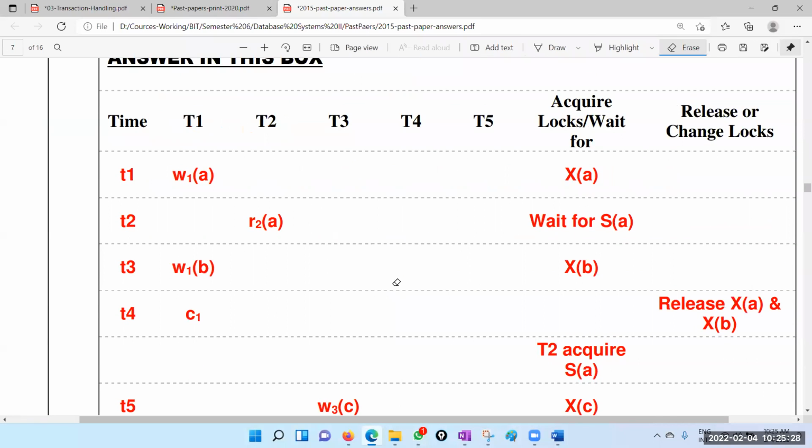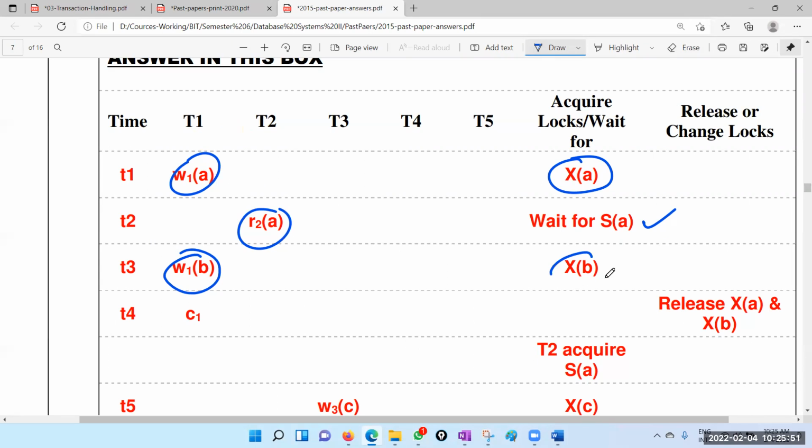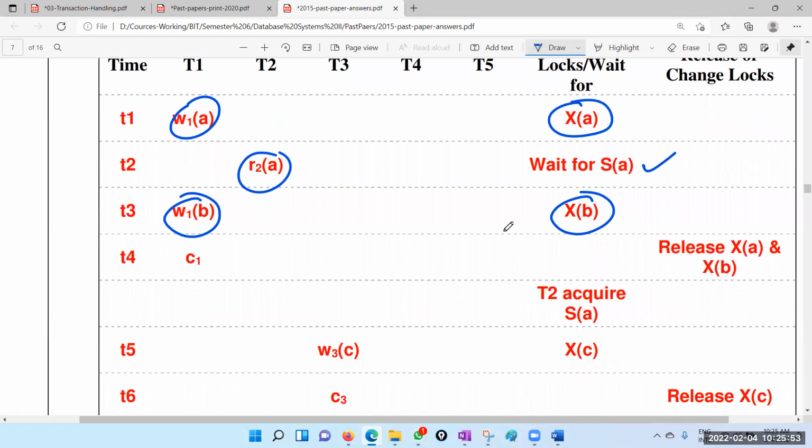Here you can see it has acquired the exclusive A. Now transaction 2 has to wait for the shared A because it is waiting for shared A. Now transaction 1 has taken the exclusive B. Now transaction 1 can commit.